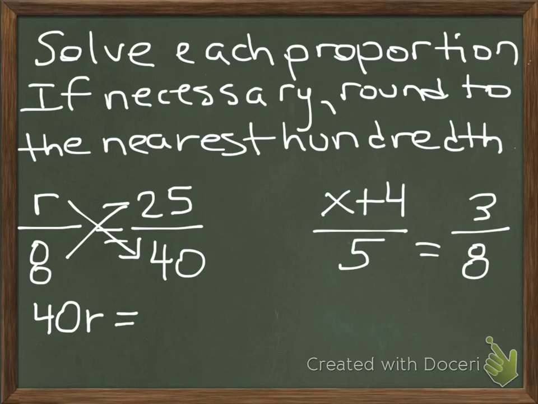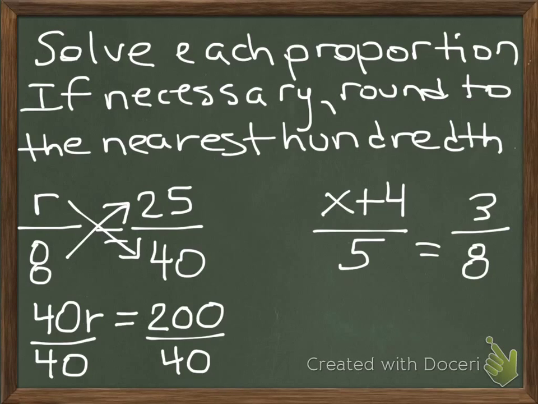And then I'm multiplying 25 times 8, which gives me 200. And then, to find r, I would always need to divide here to cancel out the 40. So r would be 5.